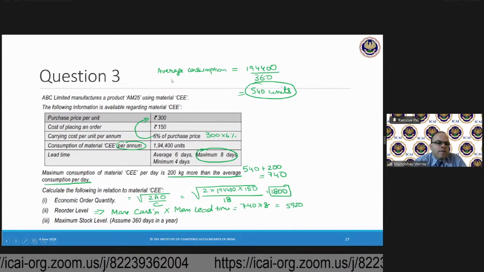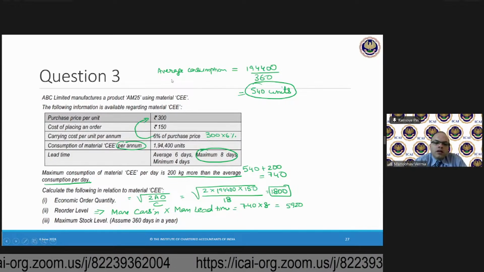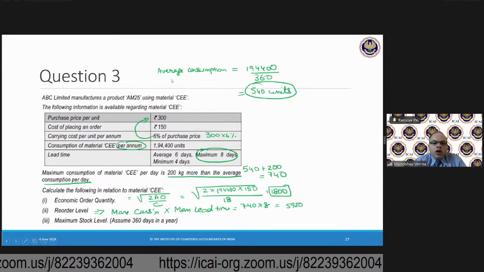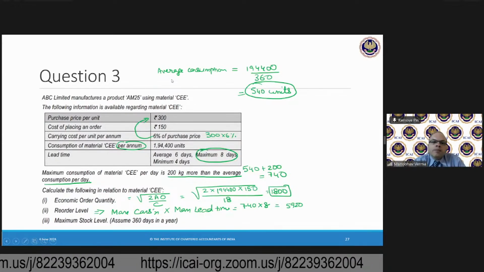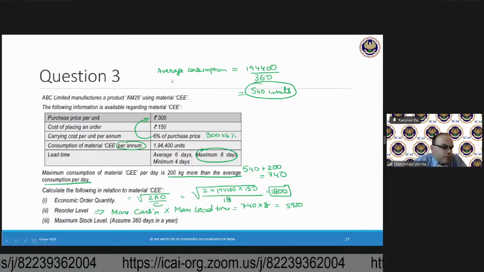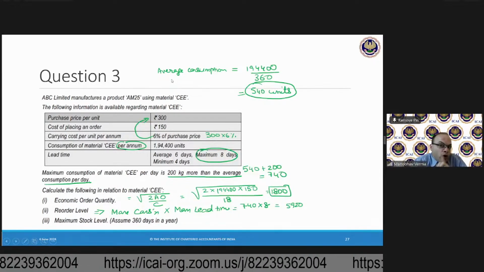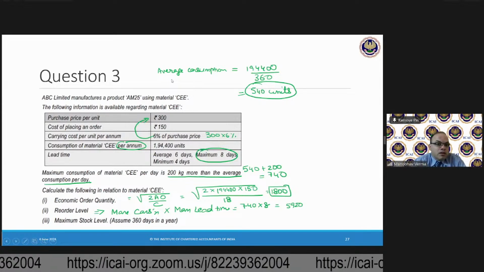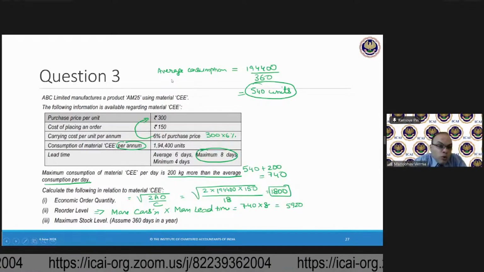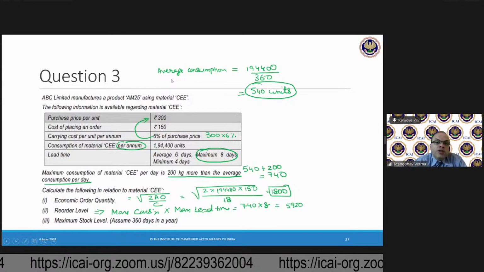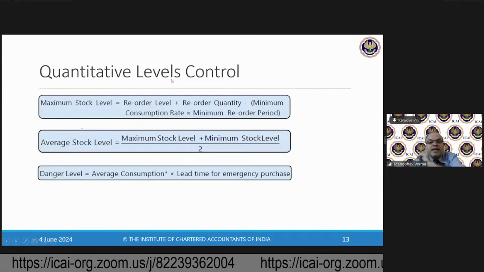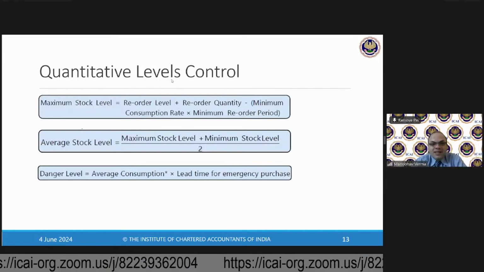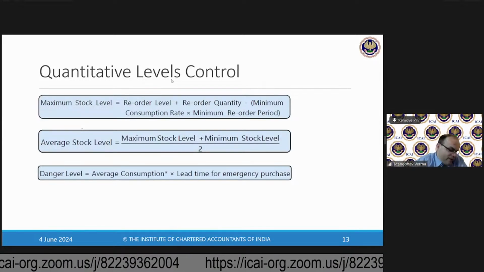So we are looking at the maximum stock level, which means we first need to understand what my minimum consumption will be, because the formula tells us ROL plus EOQ minus minimum consumption rate into minimum reorder period. The problem is, do we know the minimum consumption? Any inputs, any hints from anyone?